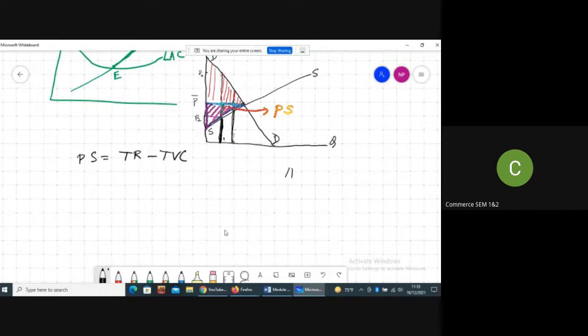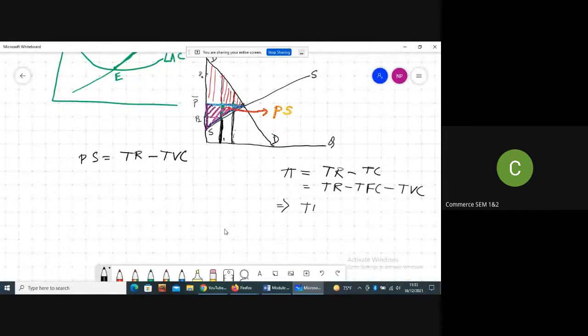Now we know that profit is equal to total revenue minus total cost, which will be equal to total revenue minus total fixed cost minus total variable cost. So from this we can write: total revenue will be equal to profit plus total fixed cost plus total variable cost. ঠিক আছে?